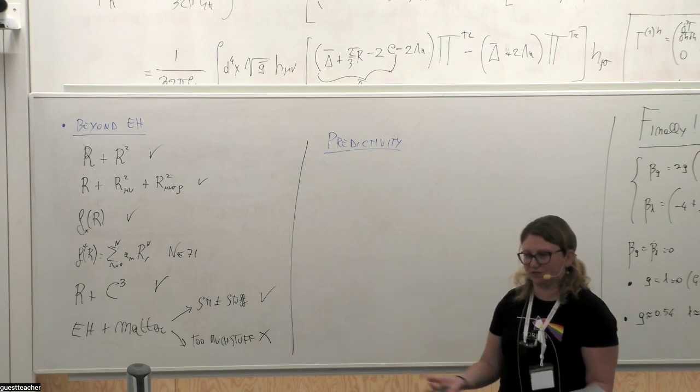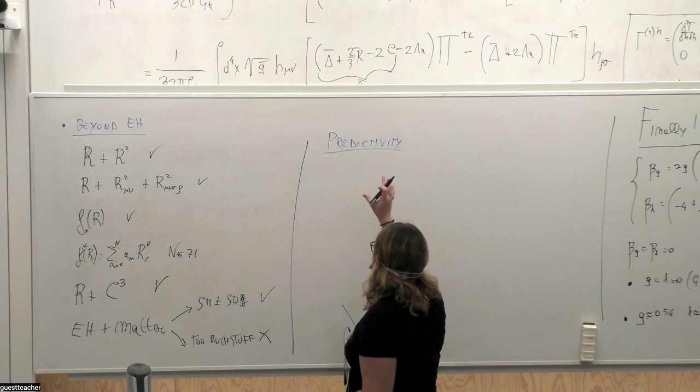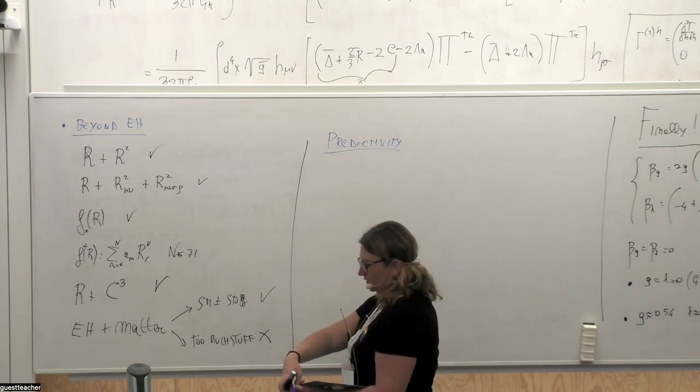We don't know, of course, if asymptotic safety is there in nature, but it is important to understand whether we can make predictions, we can falsify stuff.